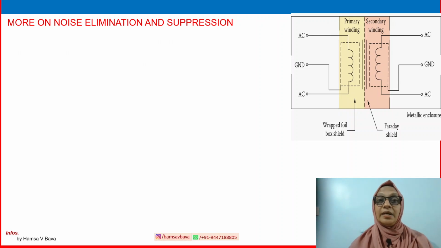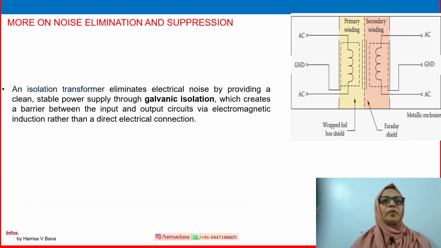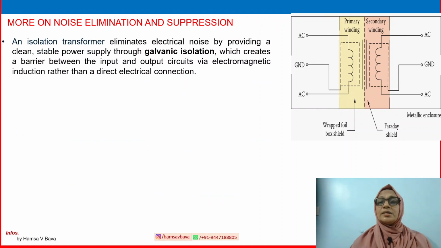Then noise elimination and suppression. An isolation transformer eliminates electrical noise by providing a clean, stable power supply through galvanic isolation. Just I am explaining galvanic isolation in the next sentence, which creates a barrier between the input and output circuits via electromagnetic induction rather than a direct electrical connection.